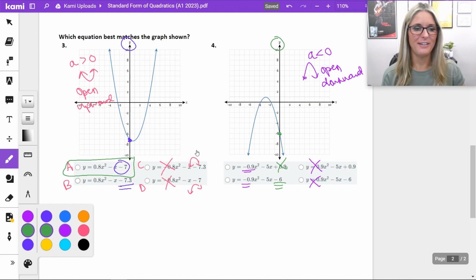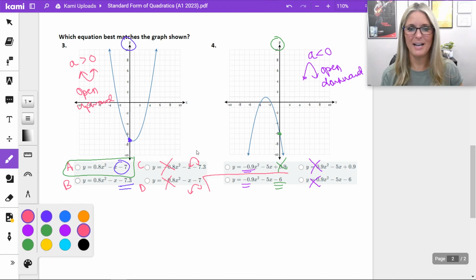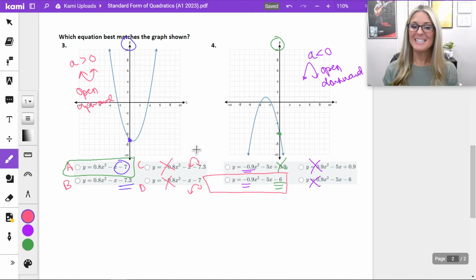So I think we found our final answer is this bottom left one, y equals -9/10 x squared minus 5x minus 6. So just using a little bit of information, but these are written in standard form, we're able to answer these multiple choice questions on Delta Math.